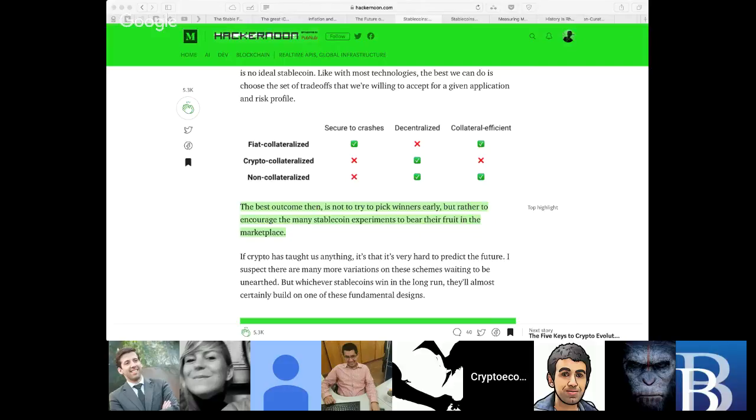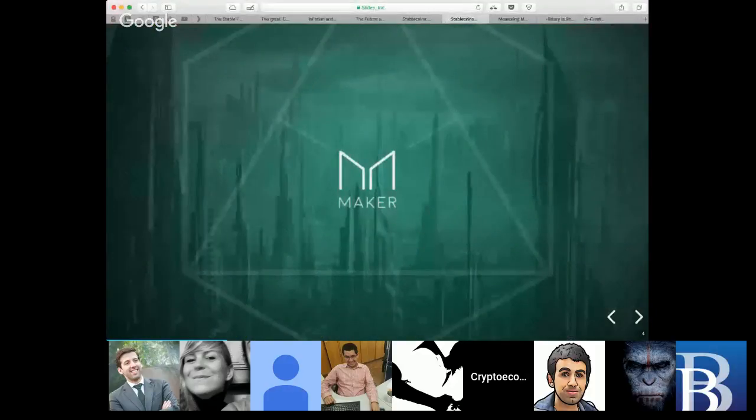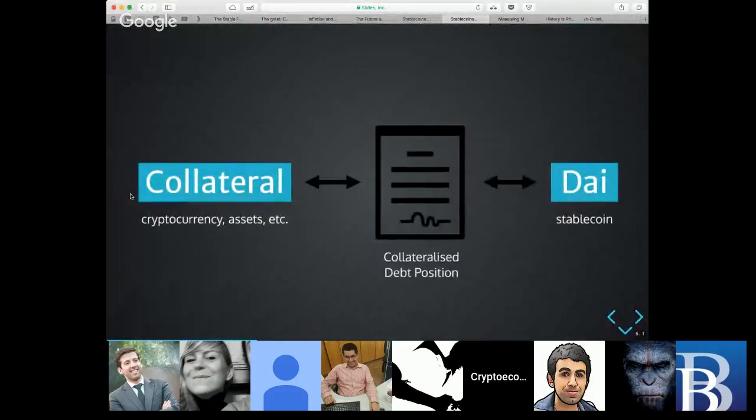Okay, thank you. So very briefly, because we are running out of time, what Maker is doing is using collateral to open what they call a collateralized debt position to create their stable coin, which is called DAI.